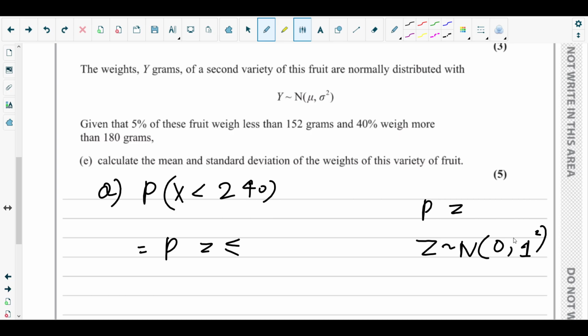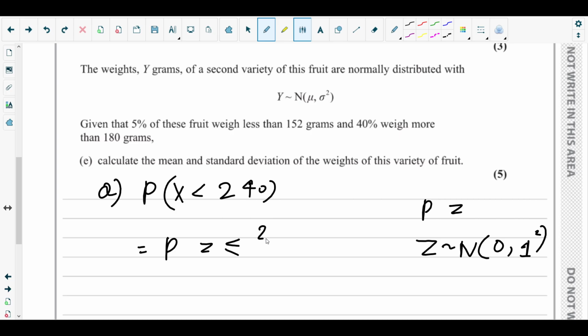Since the table in the formula booklet is for standard values, we need to standardize the data to make it comparable with the table given in the booklet.